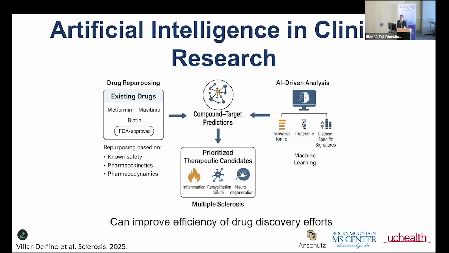And so that's looking at things like pharmacokinetics and pharmacodynamics. It's doing these predictions between the compound, like metformin, for example, and a specific target. And then the AI can include data from genetics, so transcriptomic, proteomic, and then other disease specific features, and try to predict if a drug might be successful. So it may help us more efficiently select medications to use in clinical studies, which I think is pretty cool.